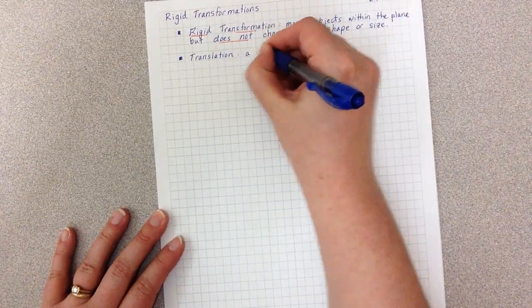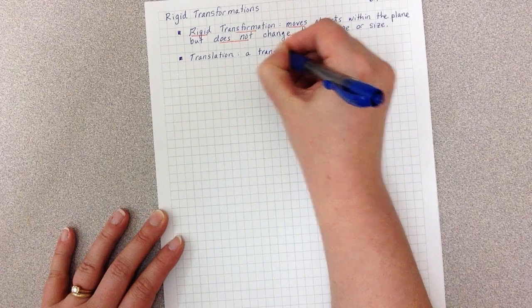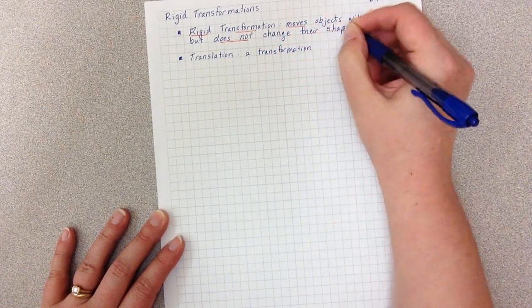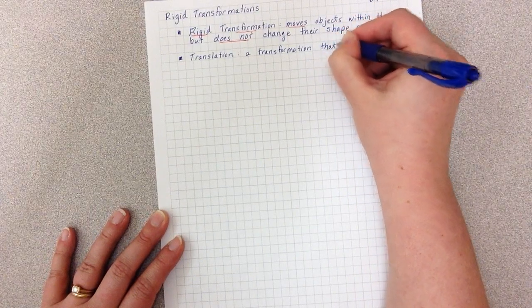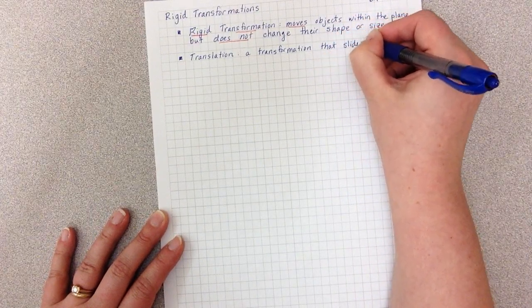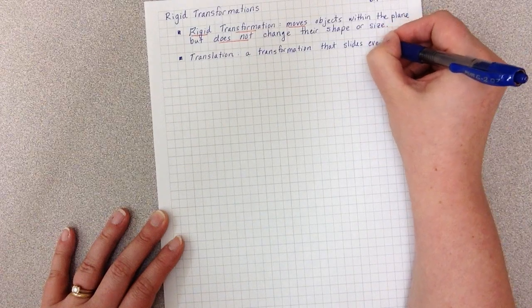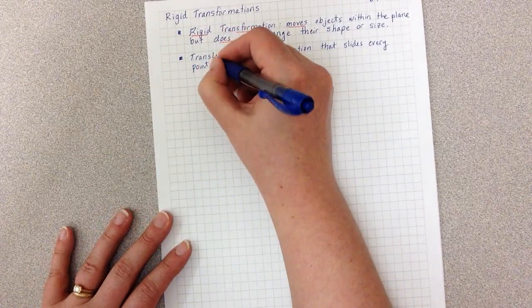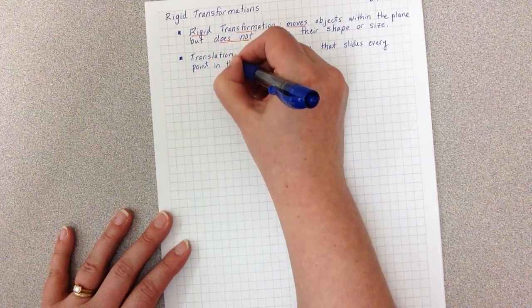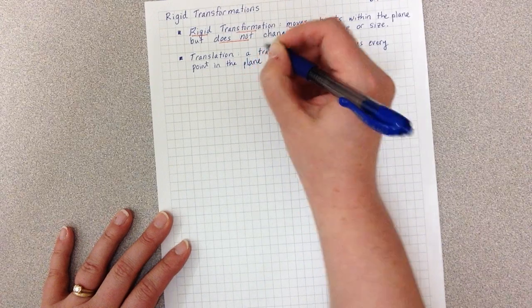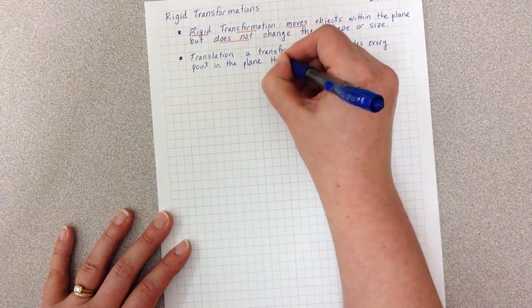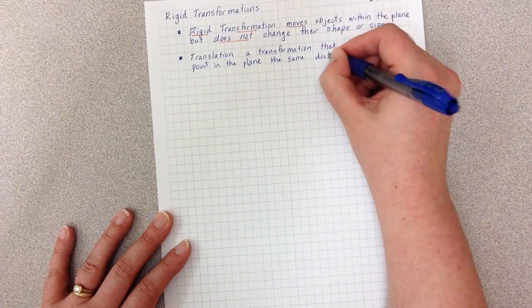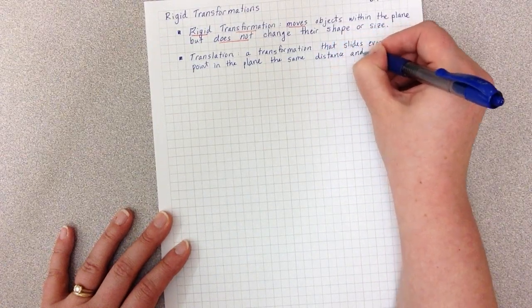Translation is a transformation that slides every point in the plane the same distance and direction.